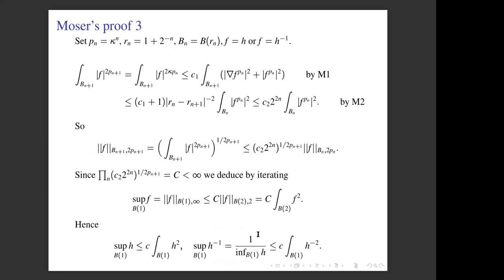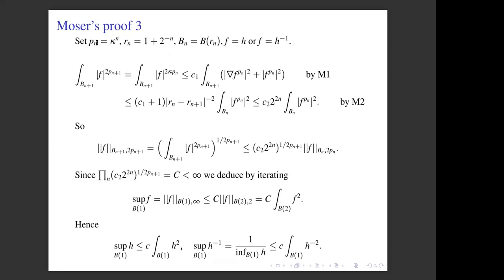So now here is the key to the first part of Moser's argument. We're going to look at a ball of radius Rn, where Rn is 1 plus 2 to the minus n. So as n gets bigger, these balls are getting smaller and are decreasing to the ball of radius 1.